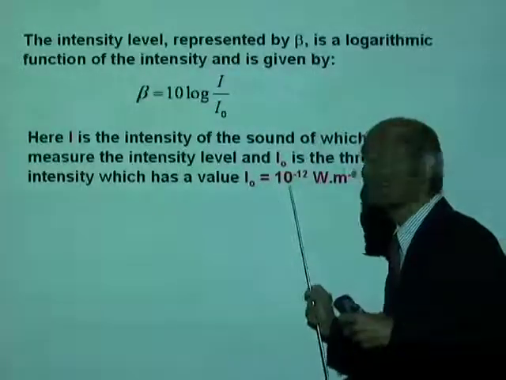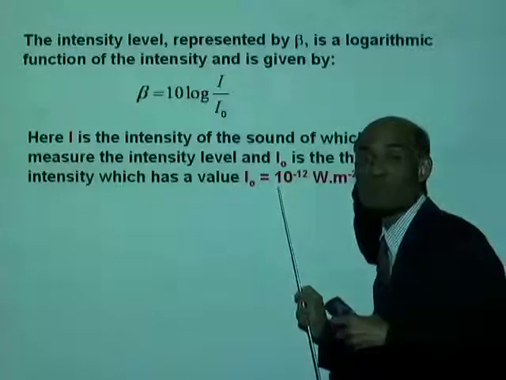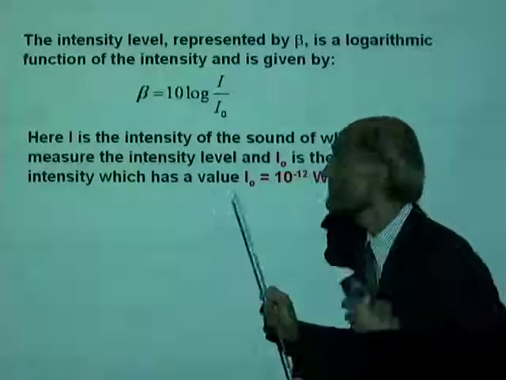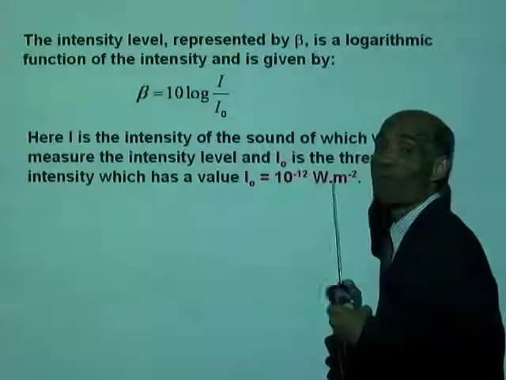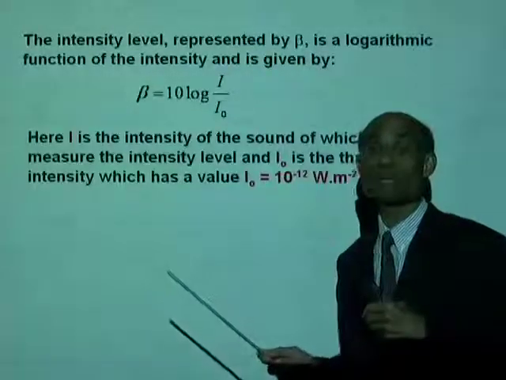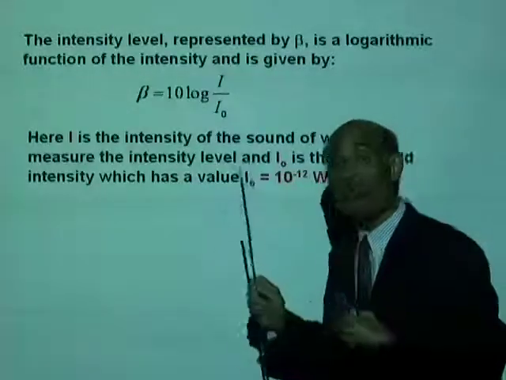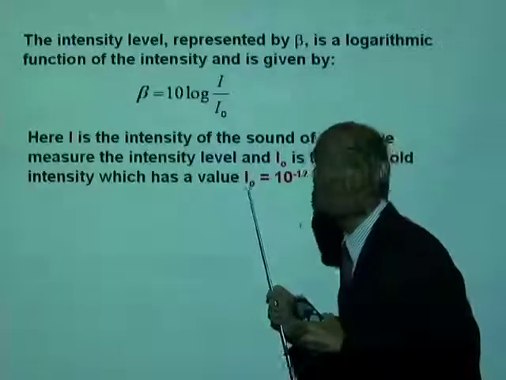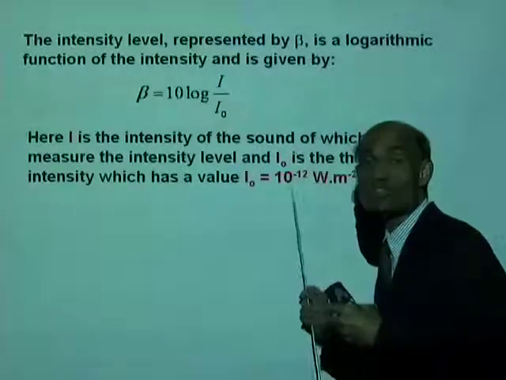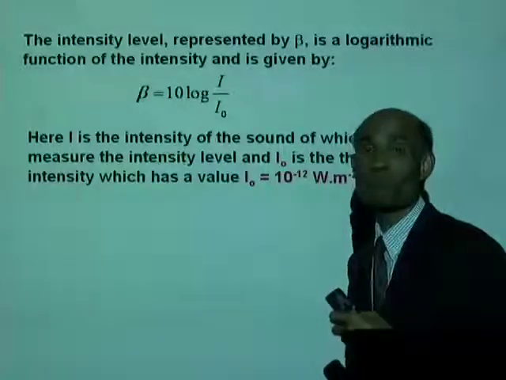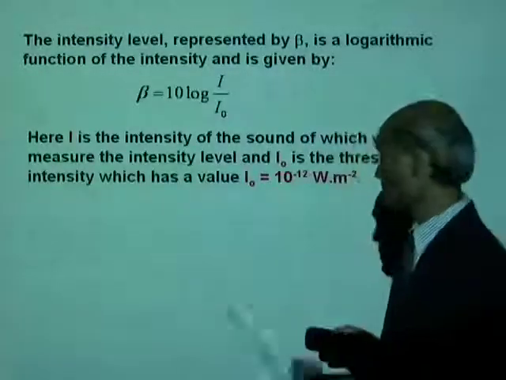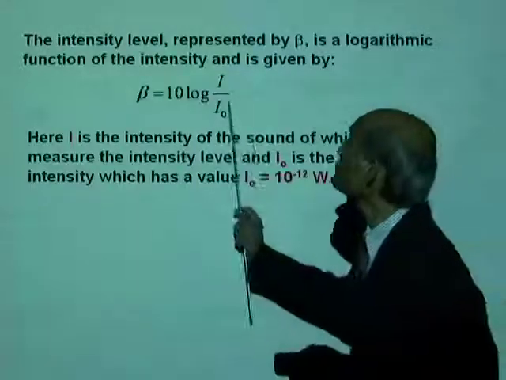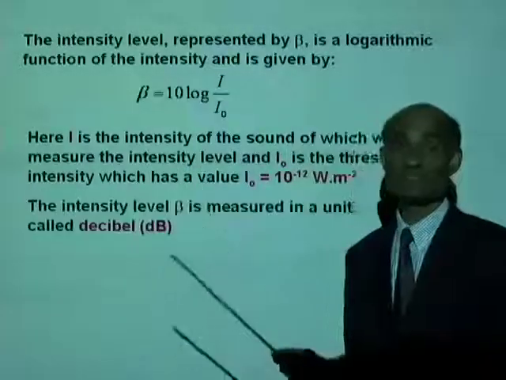The threshold of intensity has a value for the human ear. It is 10 to the power of negative 12 watt per square meter. So wherever you want the value of I0, always use this value, 10 to the power of negative 12 watt per square meter, and that is the threshold of intensity.